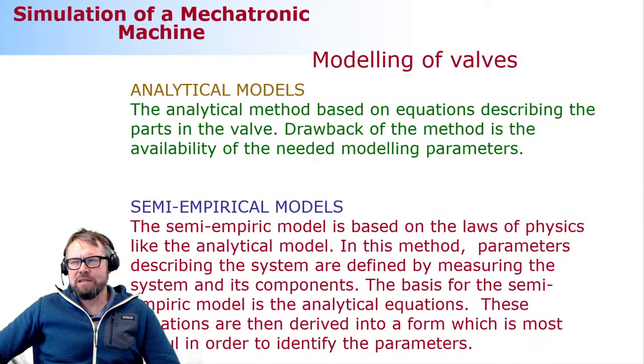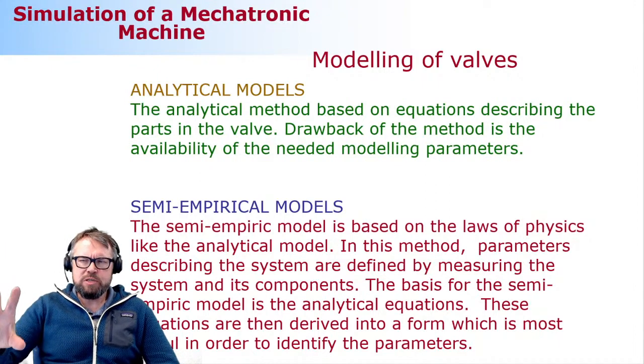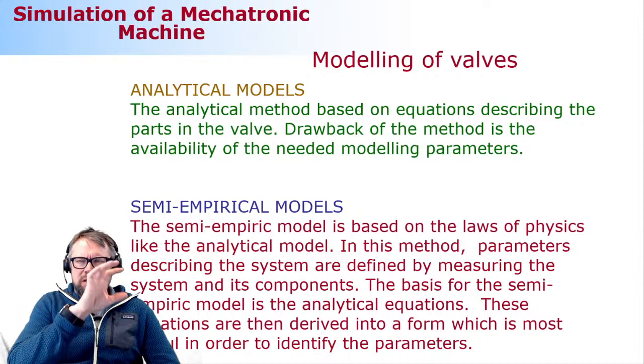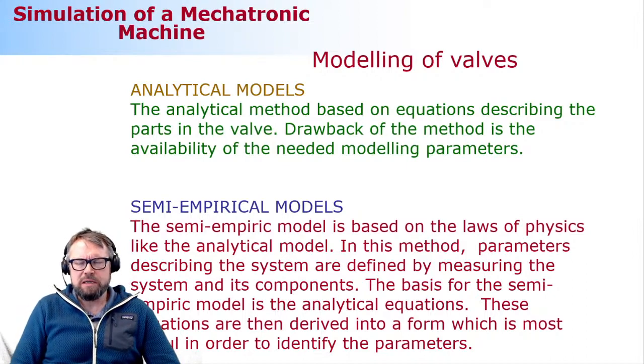Analytical models model the spool position and the flow rate by using pure analytical approaches. This sounds like the way to go, but there's a big problem. These analytical models require an awful lot of parameters that you probably don't have.